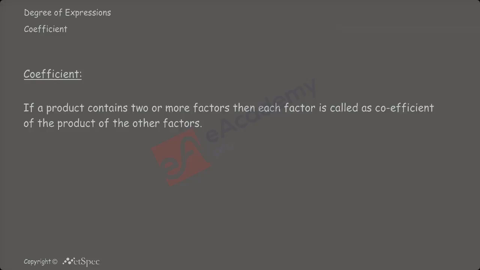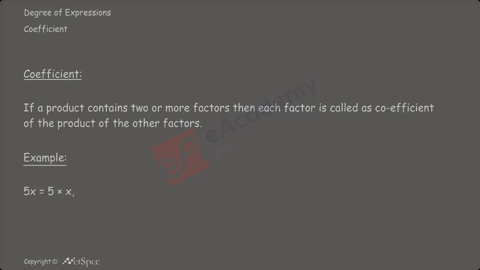The above is the theory part of coefficients. Now, let us apply it practically with an example, that is 5x. 5x can be written as 5 multiplied by x.